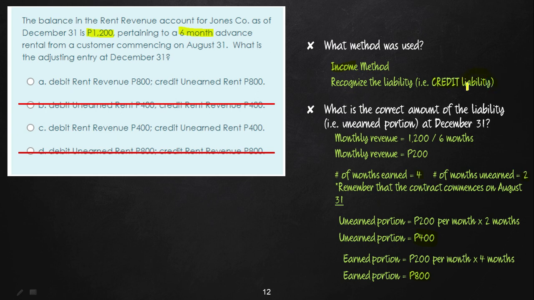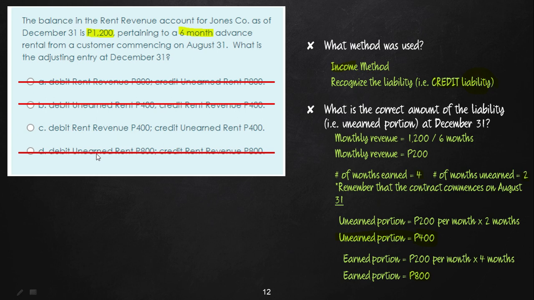Since the liability is credited, we look for the amount of the unearned, which is 400. So, letter A is not possible. The correct answer is debit rent revenue for 400, credit unearned rent for 400.